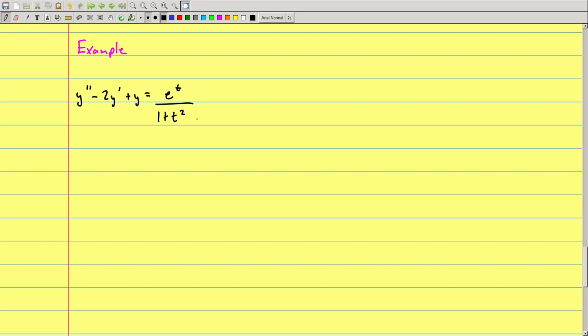So we have here a problem that looks like it's most likely going to be suited for variation of parameters, right? That right-hand side is not what we would classify as nice.